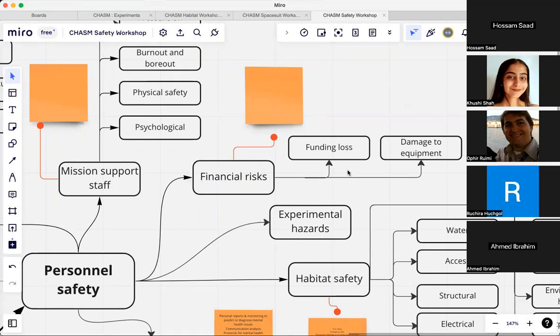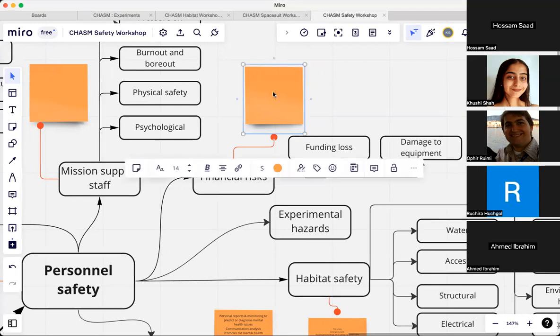We added 2 items: a loss of funding, we lost a sponsor maybe, or something can be damaged, the equipment, and such equipment can be quite expensive to replace. So should there be an insurance for example for analog missions? What do you think?